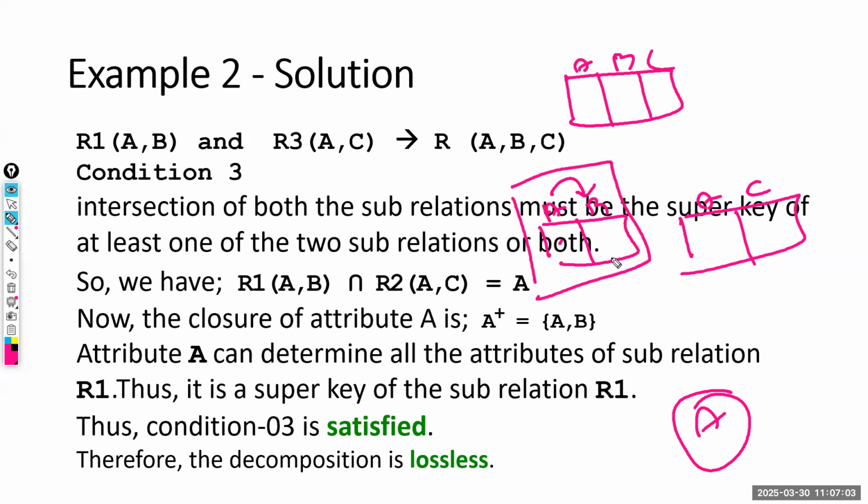If it is a super key of at least one sub-relation, that is fine. A can determine all the attributes of the sub-relation because they have given that A determines B. So A is a primary key, and the common field is also the primary key. Condition 3 is satisfied. Therefore, it's a lossless breakup.